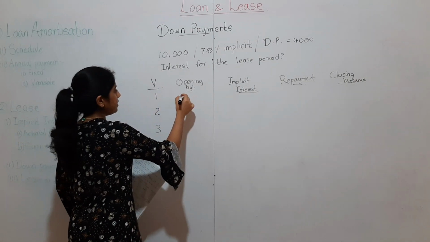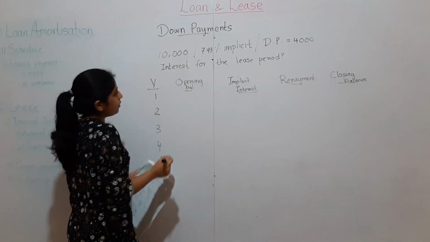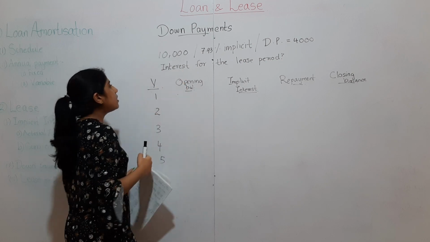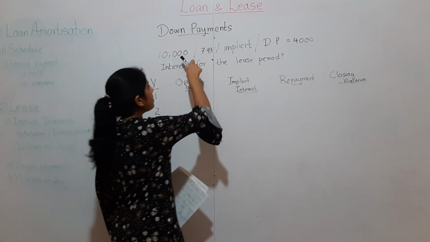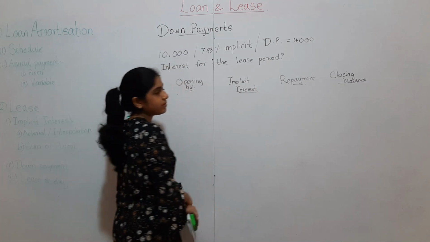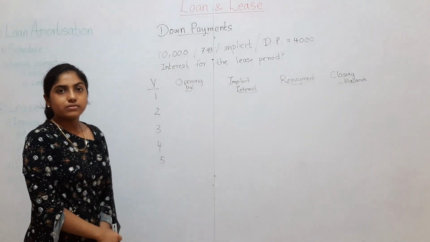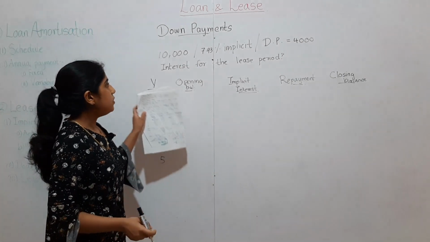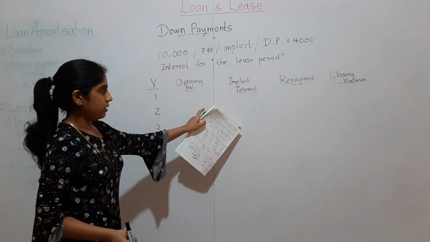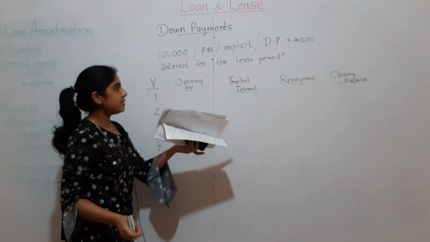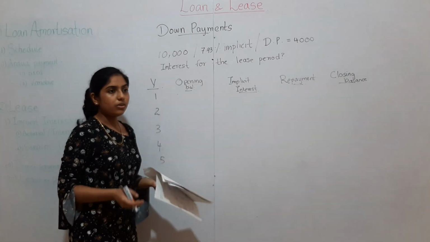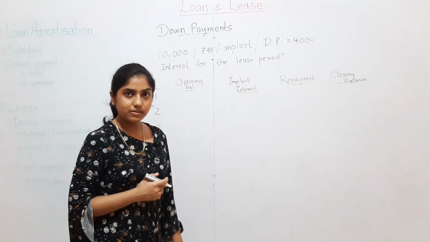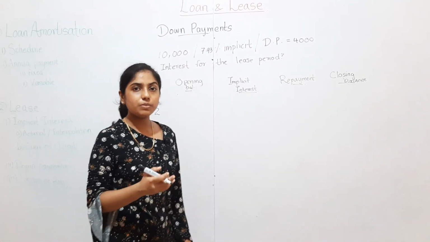So your initial opening balance, should you put 10,000 or should you put 10,000 minus 4,000? Think about it. The company is charging interest only because we are taking some time to make our payment. We are not going to pay immediately.